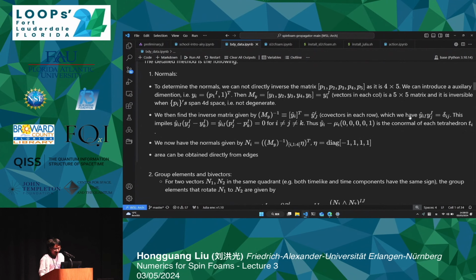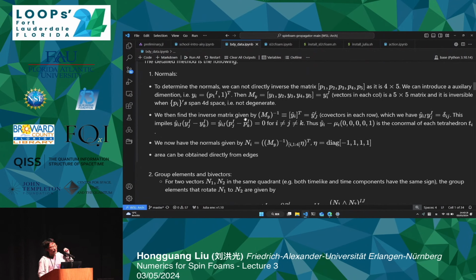Now from this relation, this covector contracted with an edge vector, that is, one y minus another y, cancels the extra dimension we have. It automatically becomes 0. So this tells you that this y hat i is a covector to your edge vector.